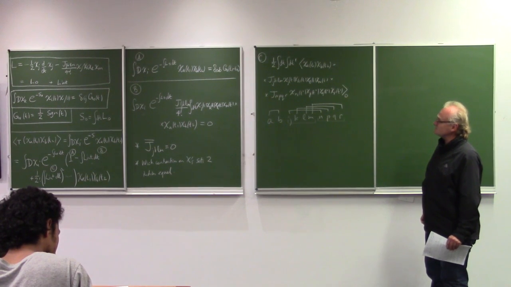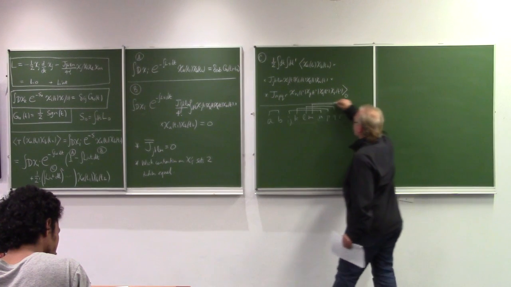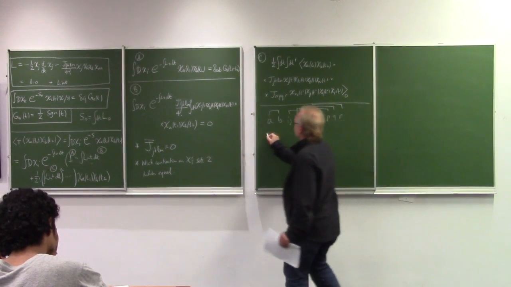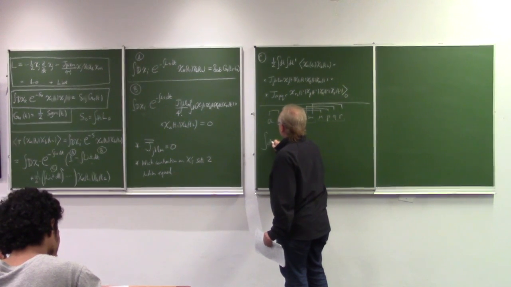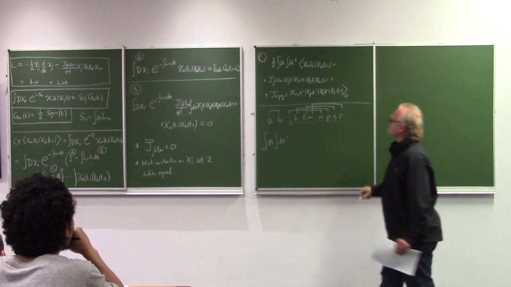What does this look like? So if I have to write down the contribution from this diagram, what it will look like is something like this. An integral dt, an integral dt primed.